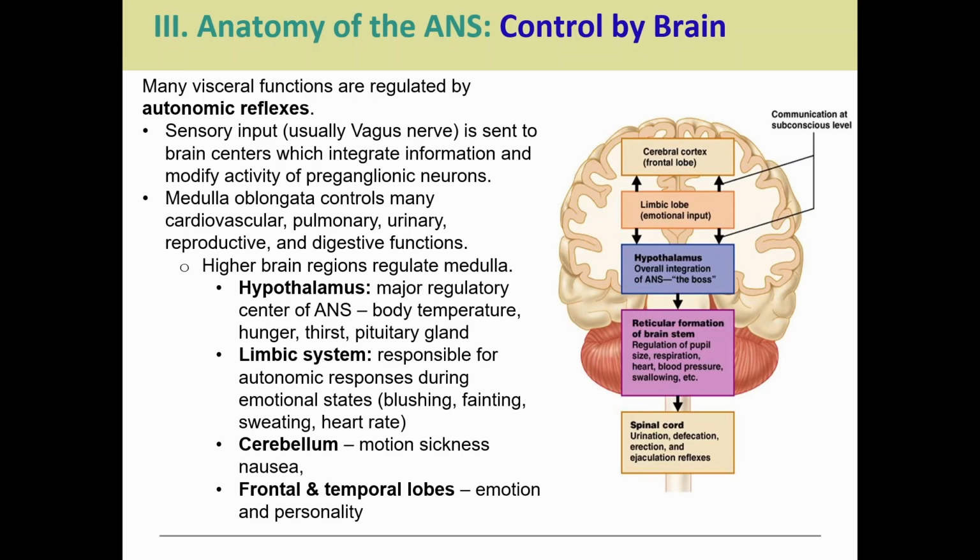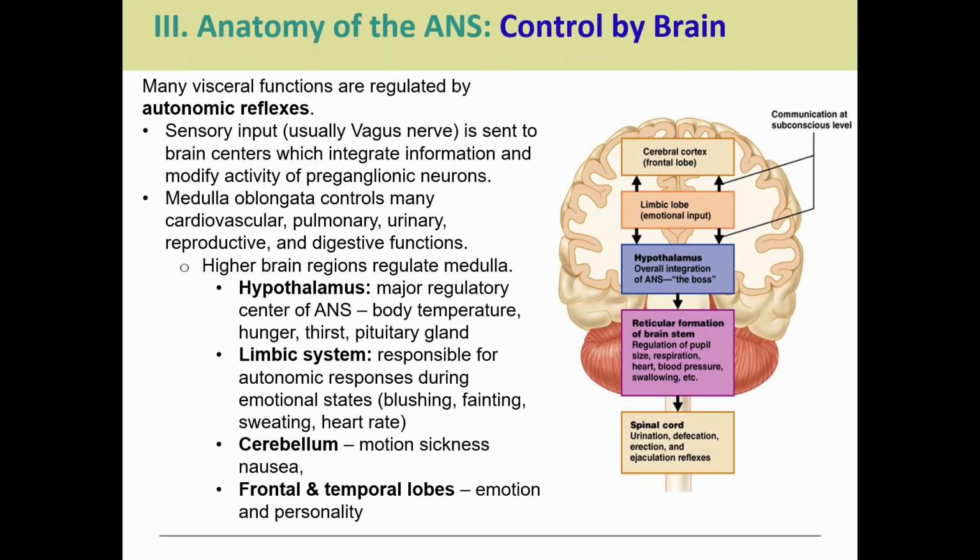And then a lot of functions are regulated by autonomic reflexes. So we get a sensory input, it gets sent to the brain, which integrates the information. We make a decision of what to do, and the brainstem and the hypothalamus are going to help with a lot of this. The medulla oblongata controls a lot of your basic, keep-you-alive functions like heart rate and respiration rate.